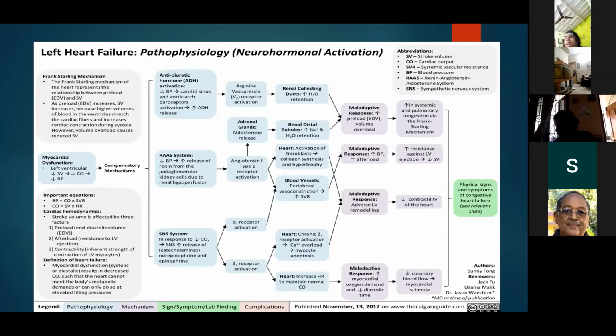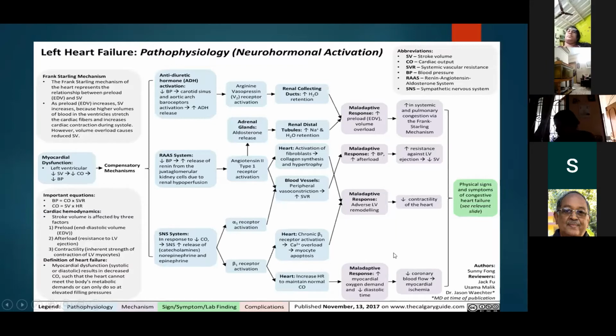And then the other thing that happens is increased resistance against LV ejection. So there is reduced stroke volume. There might be increased afterload when there is peripheral vascular resistance. And with the other remodeling, there is reduced contractility of the heart, and there is reduced coronary blood flow and myocardial ischemia.